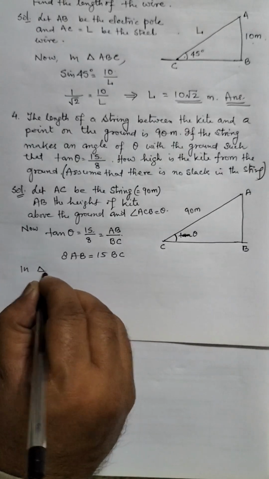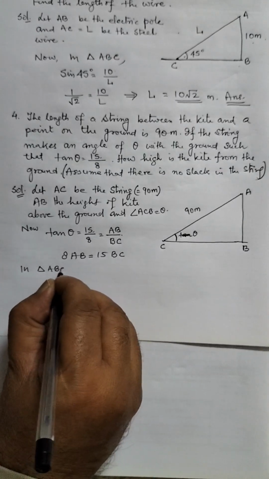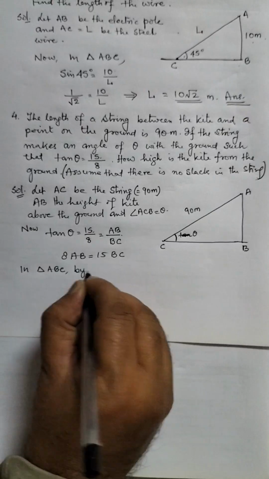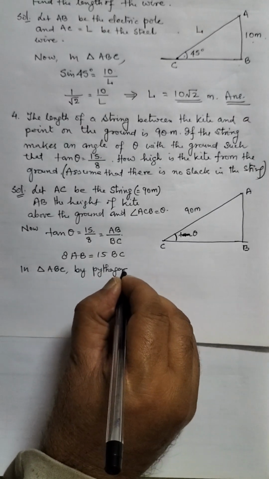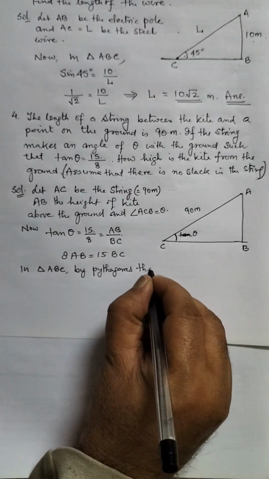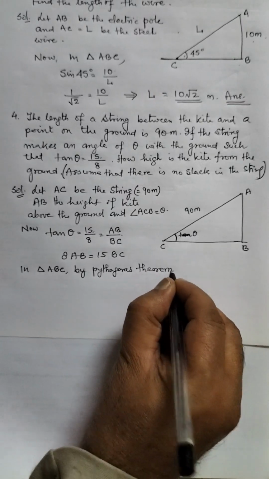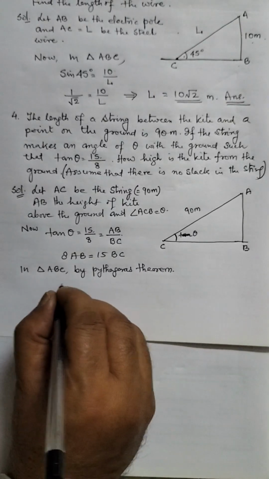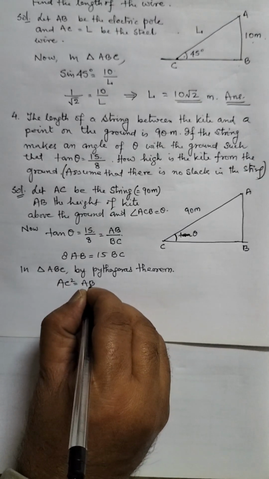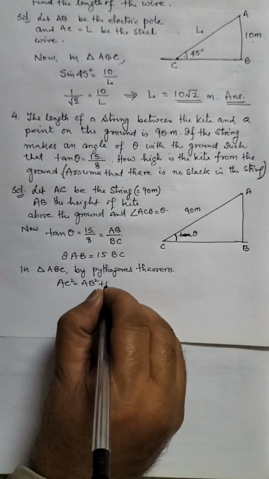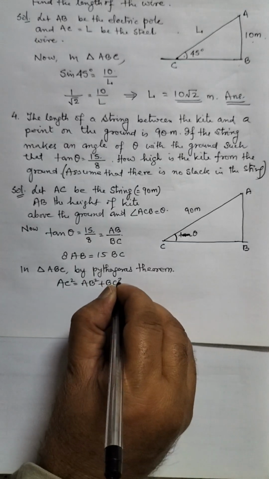In triangle ABC, by Pythagoras theorem, we know AC square is AB square plus BC square.